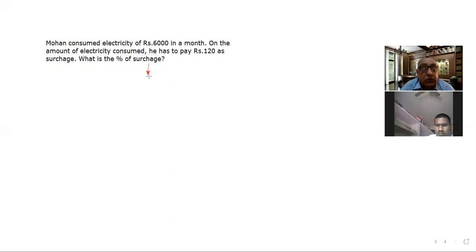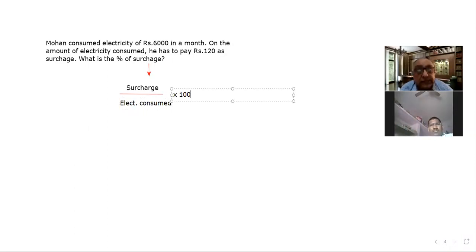Let me tell you the way of solving it. The amount of surcharge divided by the amount of electricity consumed, multiplied by 100, is the percent surcharge.